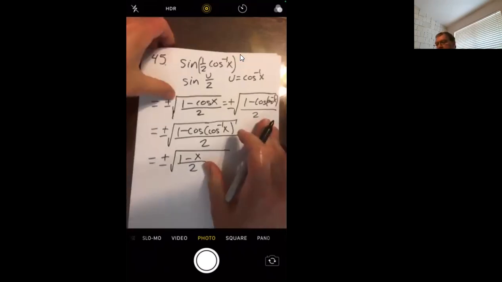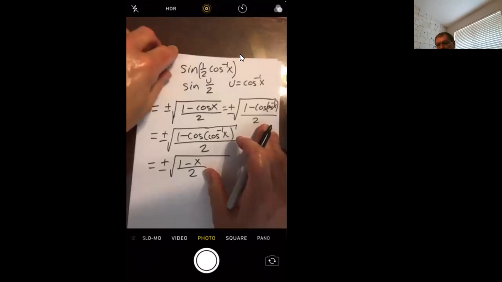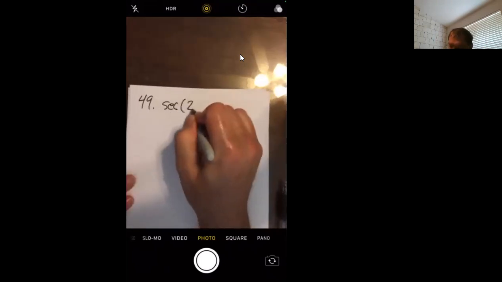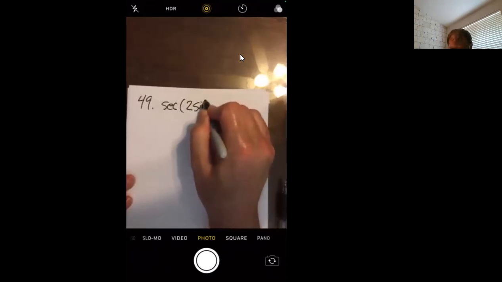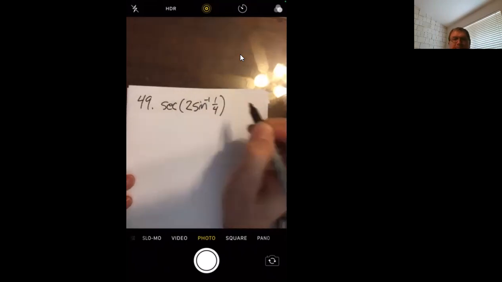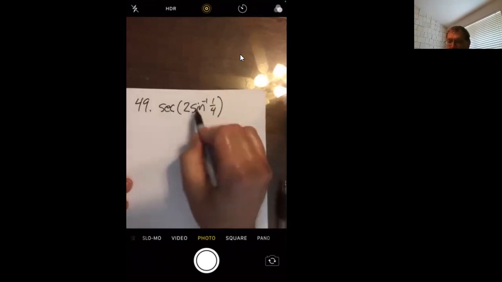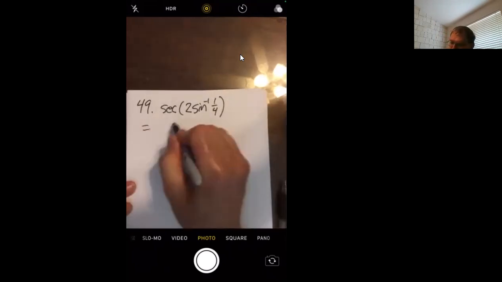Okay, why don't we try 49? Through a lot of different kind of formulas that you get all in this one section. Secant of a 2 of an arc sine of 1/4. We don't have any formulas for secant of a double angle, so you're going to write that as 1 over cosine of a double angle.